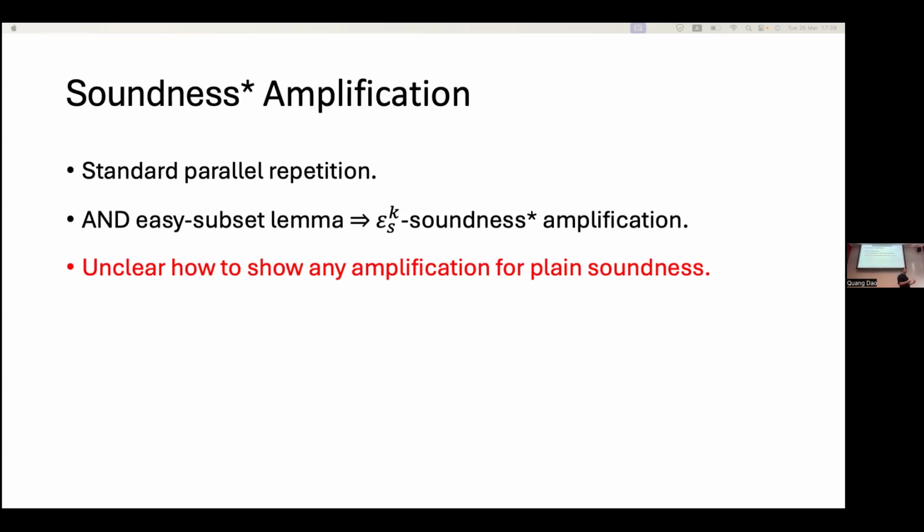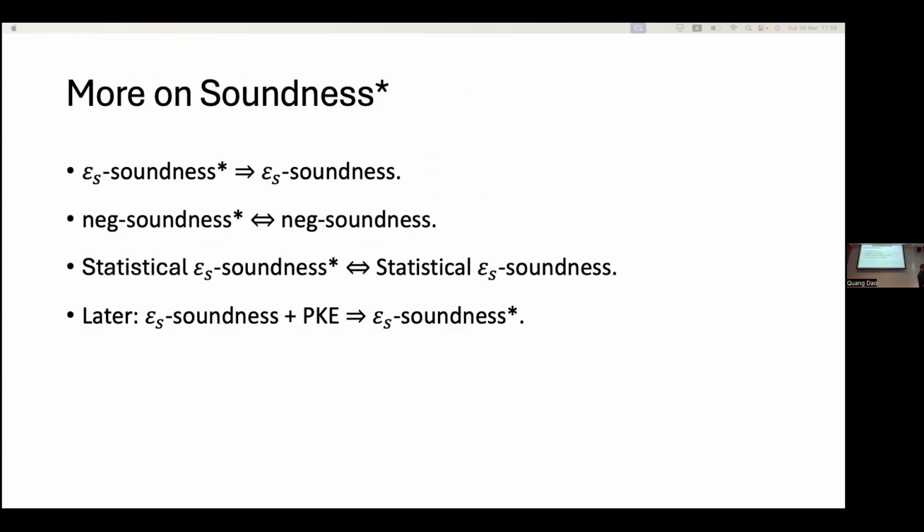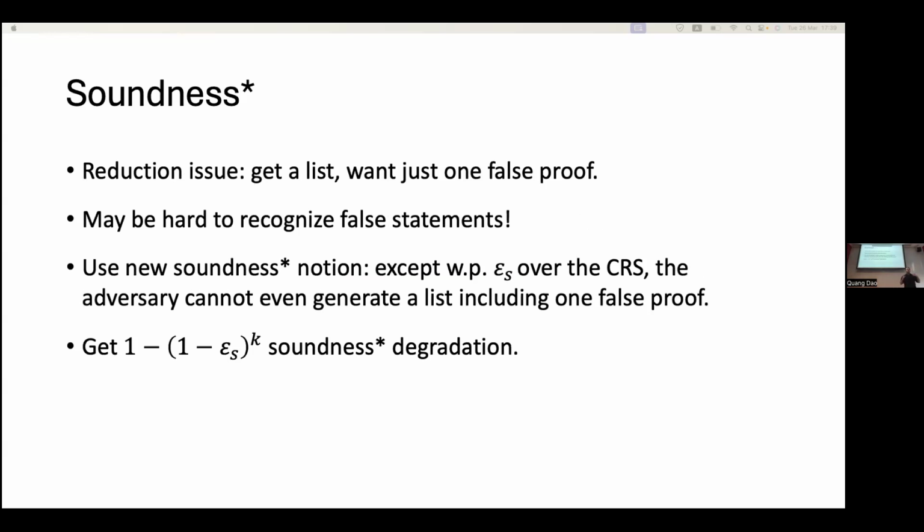Instead, we introduce a new notion, soundness star, that says that instead of asking the adversary to produce a false instance with an accepting proof, we ask the adversary to produce a list with at least one false instance and accepting proof. And when it's a list, then the reduction works, because intuitively, when you give me the adversary, I run it many times, and I don't know which one to pick.